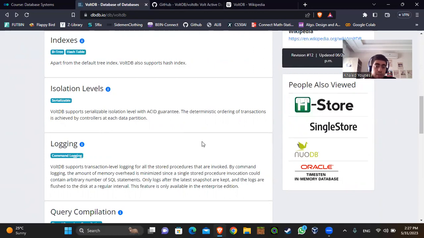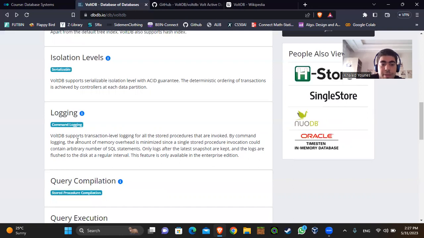So what does this mean? Remember when you said that the general master node is the one who schedules the transactions when they come through? Those controllers, there is one at each data partition. So it schedules and prioritizes the transactions based on some criteria or not.